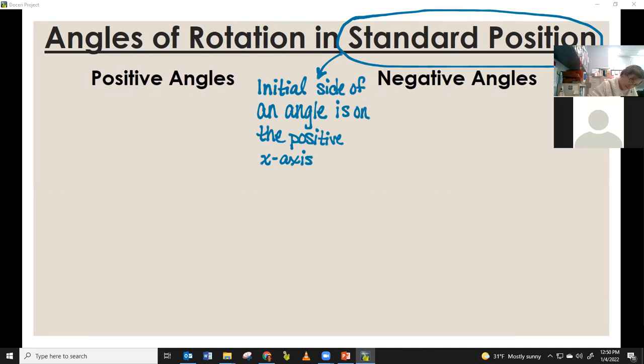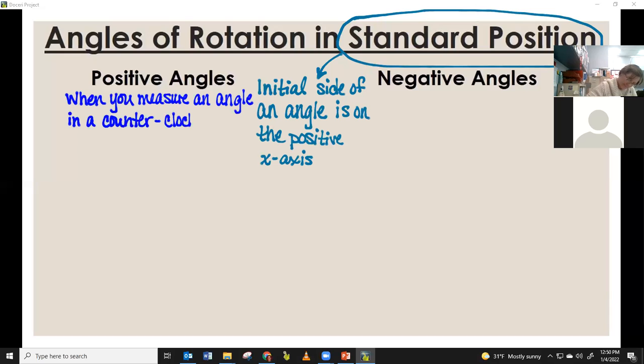So again, positive angles are when you measure an angle in a counterclockwise direction from the initial side to the terminal side.